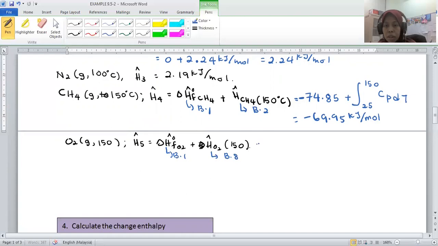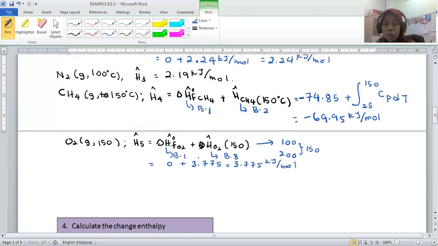The data is at temperatures 100 to 200, so you need to do some interpolation to get the value of enthalpy at 150 degrees C. So formation of oxygen is 0 plus 3.775, so you get 3.775 kilojoule per mole.